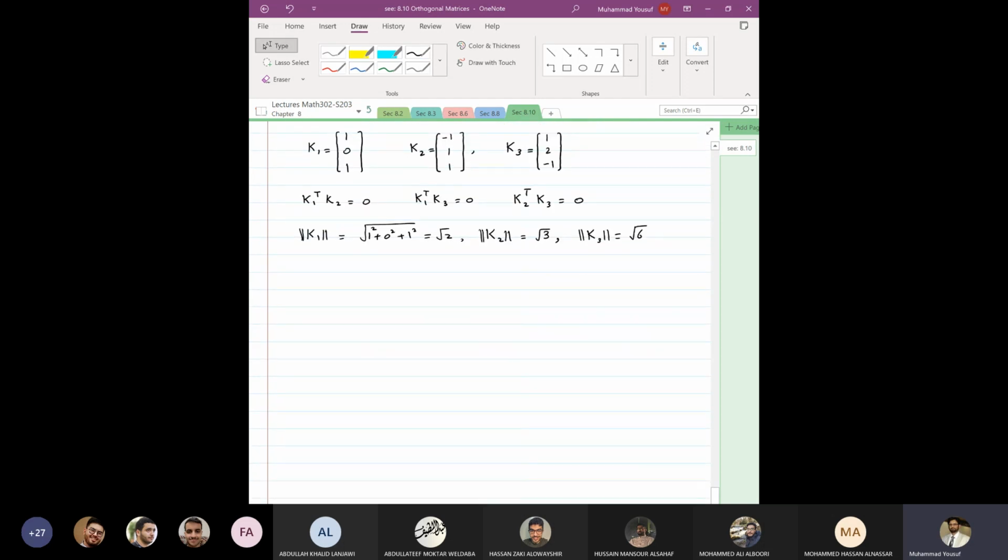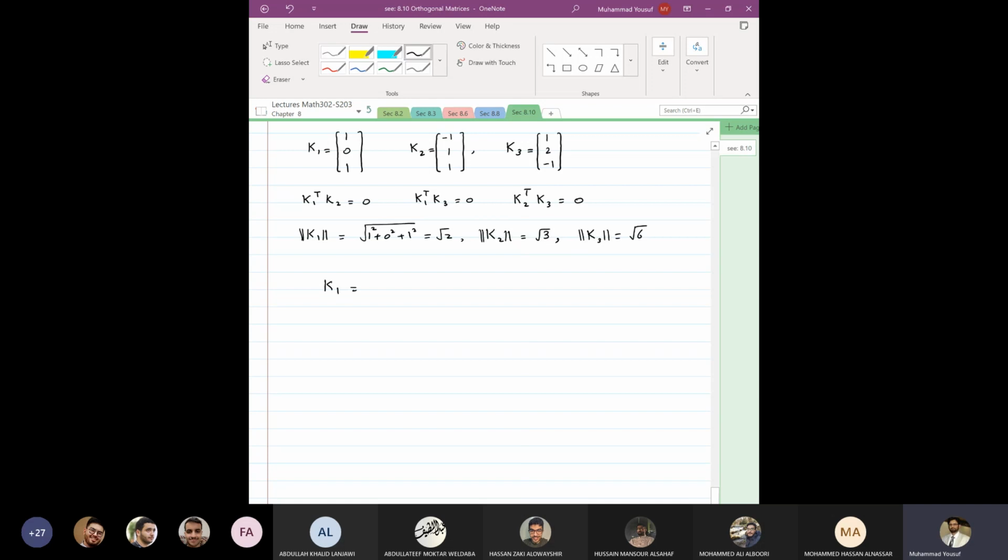And we know that if we multiply an eigenvector by a scalar, a number, the scalar multiple is also an eigenvector corresponding to the same eigenvalue. So what do we do? We divide each vector K1, since it is also an eigenvector, by its magnitude.